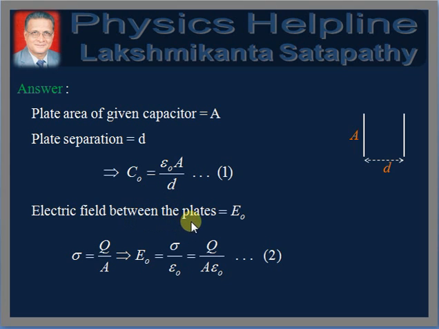Now we will determine the electric field between the plates, denoted by E0. If Q is the charge on the plate of area A, then surface density of charge sigma is given by Q by A. Therefore, electric field E0 is equal to sigma by epsilon 0. Putting the value of sigma, we get E0 is equal to Q by A epsilon 0.